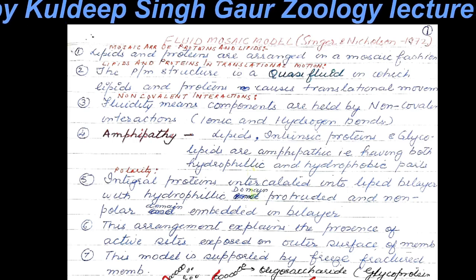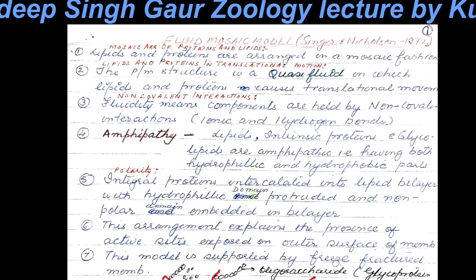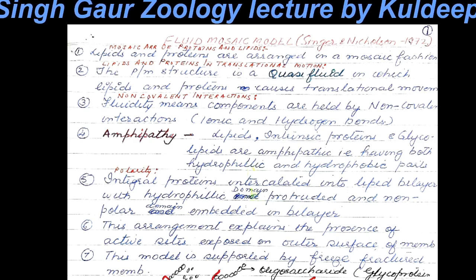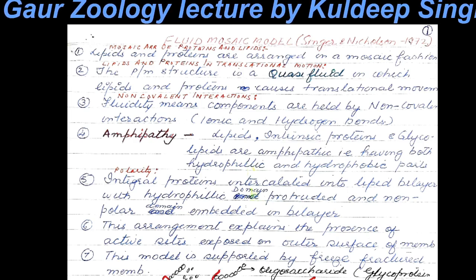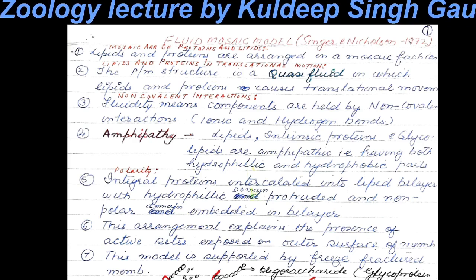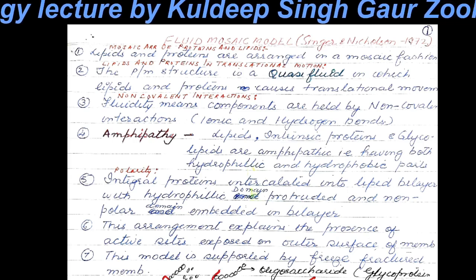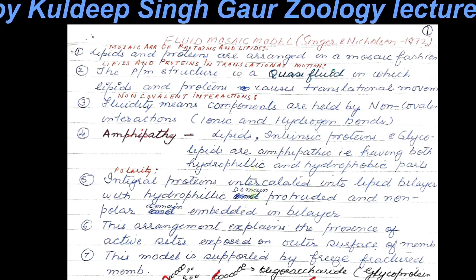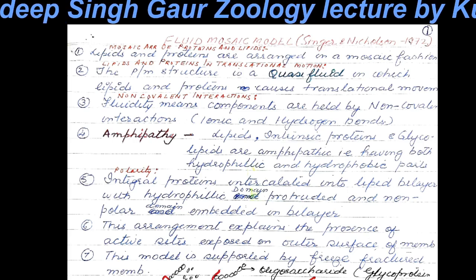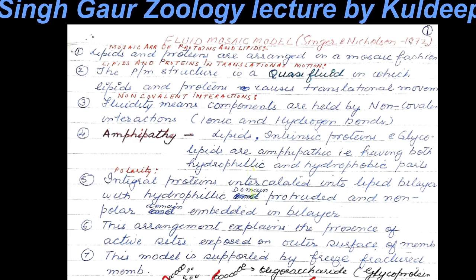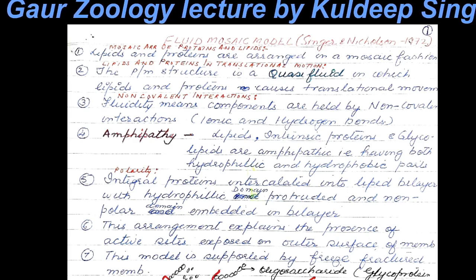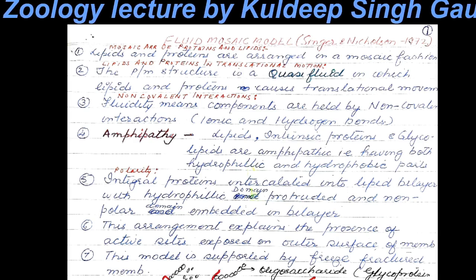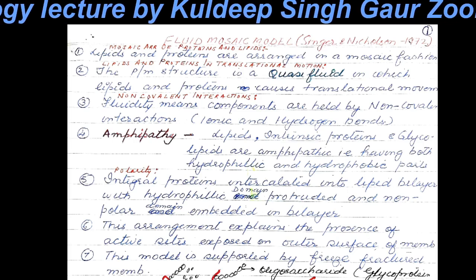The molecules which are present in the plasma membrane are amphipathic in nature. Amphipathic means having two kinds of characteristics, that is, having hydrophilic and hydrophobic parts both present in the same molecule.